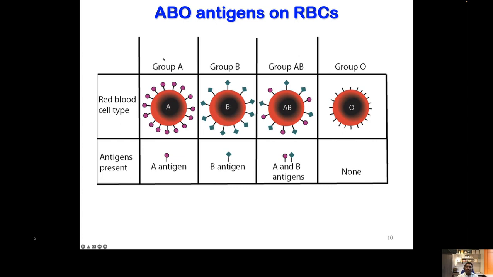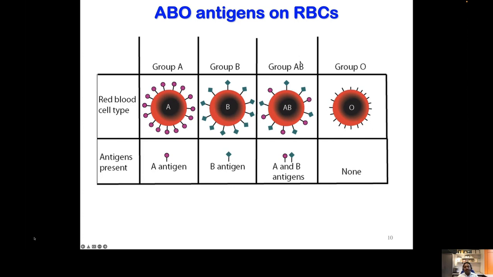Okay, so if somebody has blood group A, they will have A antigens on their red blood cells. We will talk about that in detail later on, but they will have A antigens on their surface. If someone has blood group B, they will have B antigens on their surface.